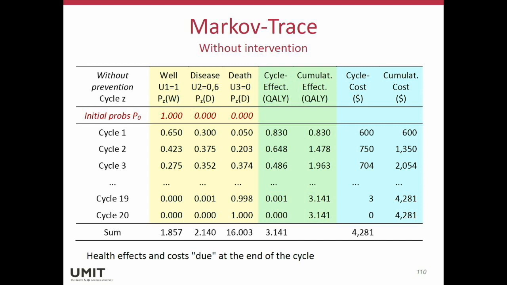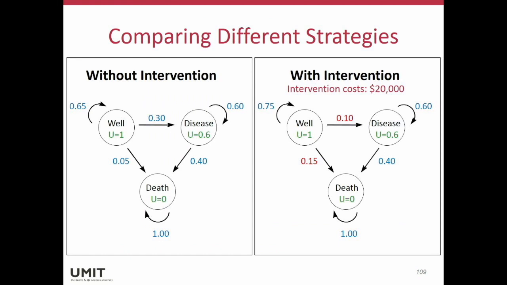So now the question is about the cost, because we talked about the 2,000 that we need to pay for treatment for people that are diseased, and we have the 20,000. The 20,000 is actually the treatment that we would provide once in order to avoid people getting the disease.